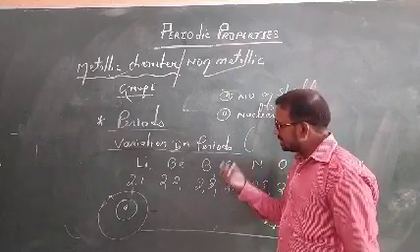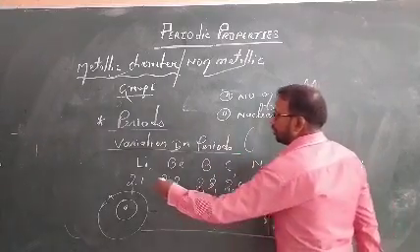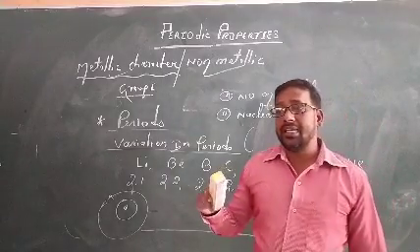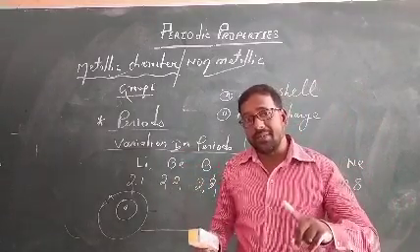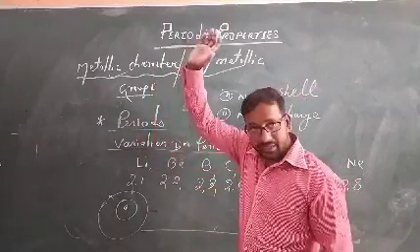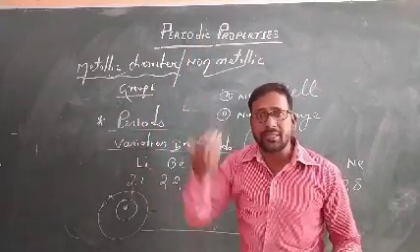So you can say that as we move from left to right in a period, metallic character decreases and non-metallic character increases. In a group, metallic character increases, as I have already made you understand.